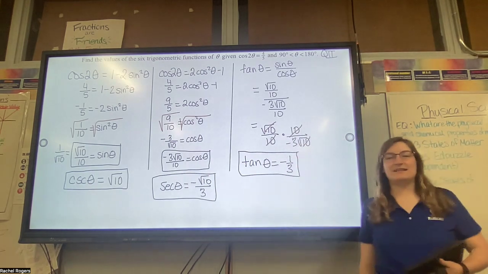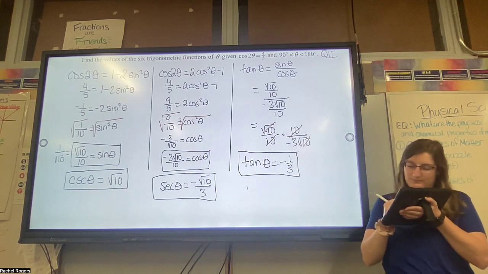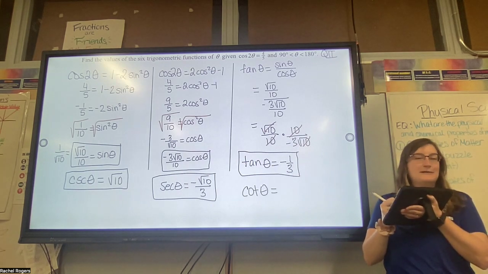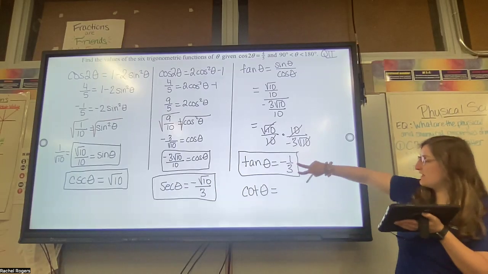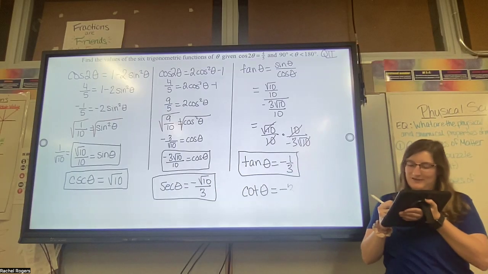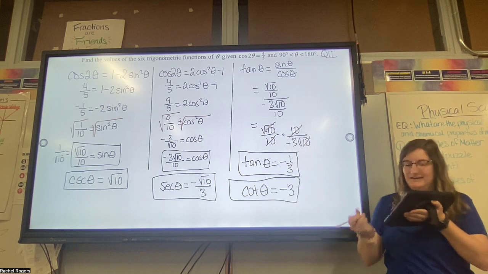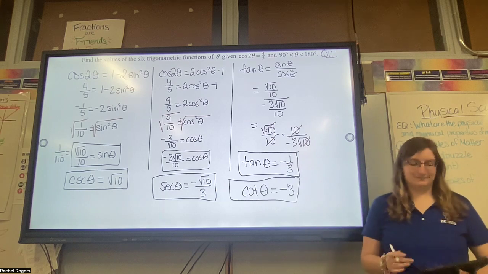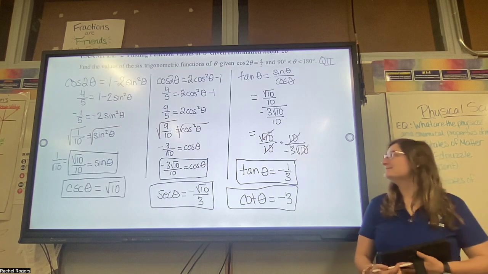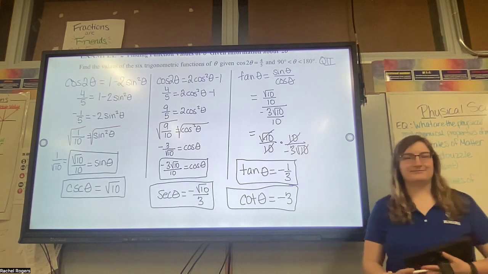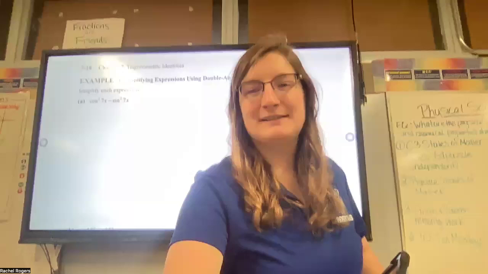And then lastly, to get to cotangent, what do we need to do? We're flipping this guy upside down, which gives us negative 3. Nice. And there's our 6 trig functions.